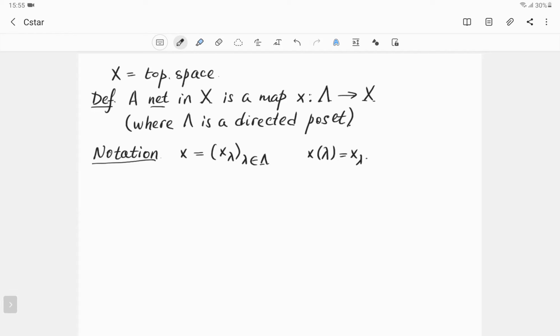The convergence of nets is defined in exactly the same way as the convergence of sequences.